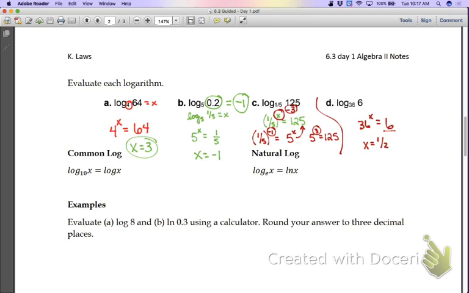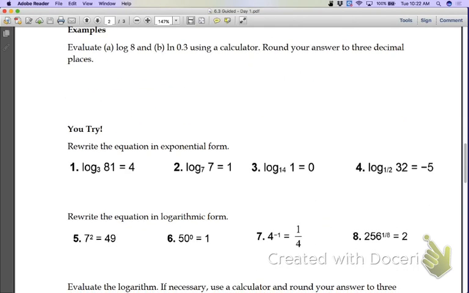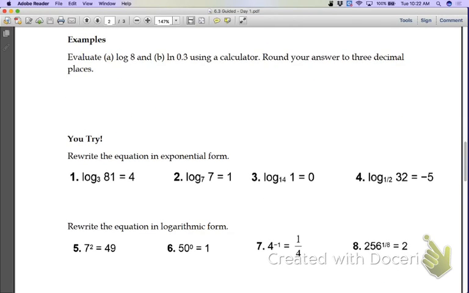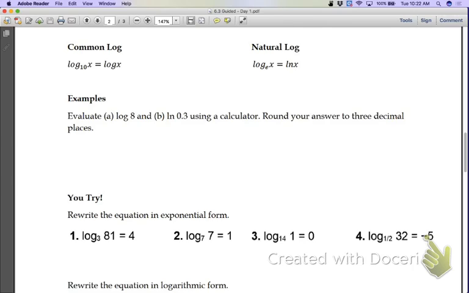Now here's the easy part, whenever it says to evaluate. So it says evaluate log of 8. Log base 10 is also written as log of x. Log base 10 of x is the same thing as log of x.